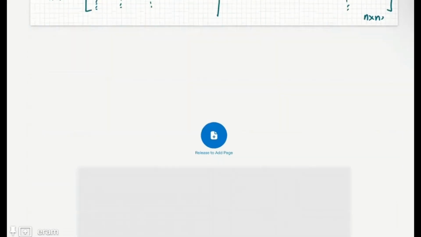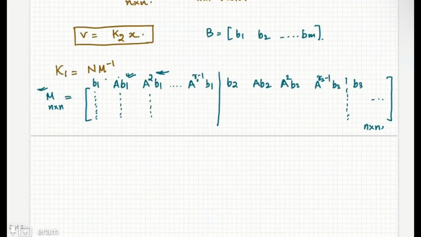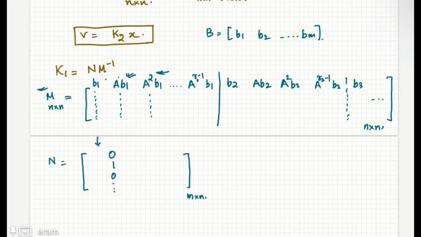Now based on our design of M, N is constructed as an m cross n matrix, where its first column will be of the form 0, 1 and all 0, and this 1 will come on the place of r1.